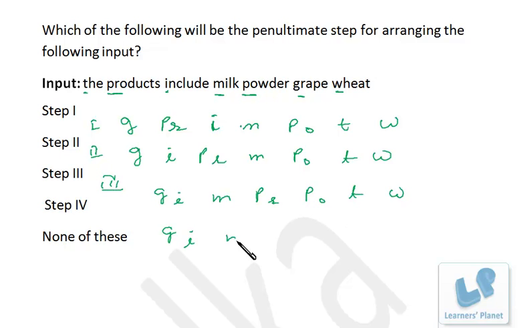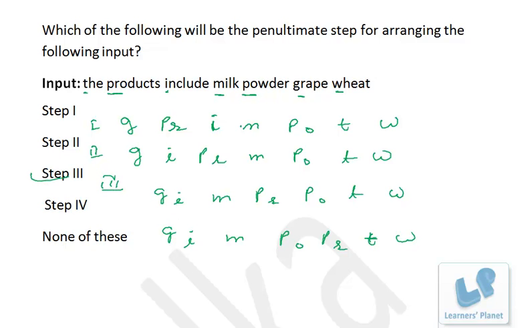So G, I, M, PO, PR, T and W. So this is the final step because all the letters have been arranged in dictionary order. That means this should be the penultimate step, right? So first, second, third, and this is fourth. So the third step must be the penultimate step.